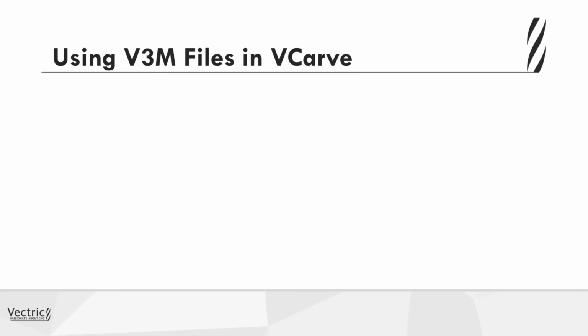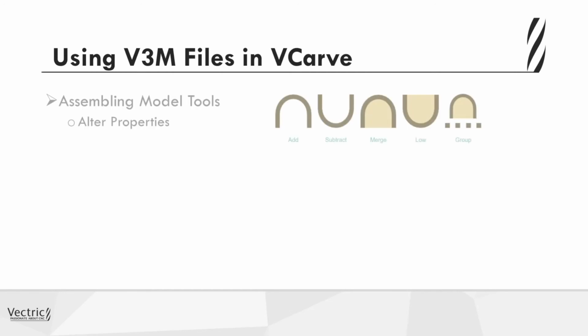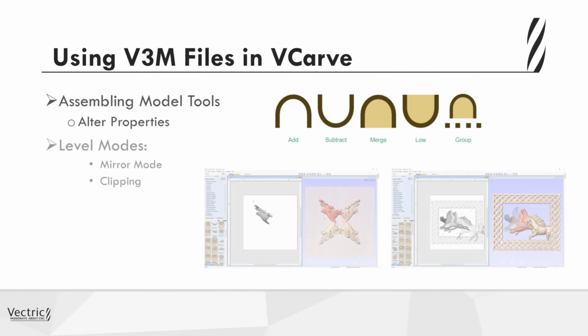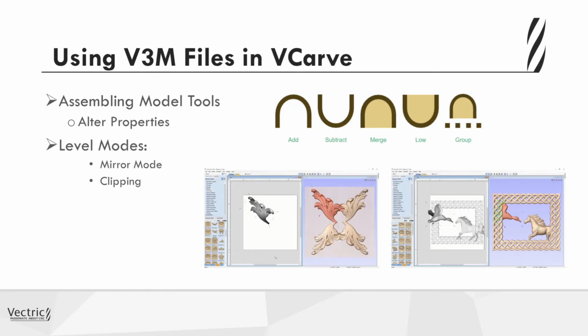To control the clip art we have with VCarve, we can look at the properties to manipulate the composite model. For example, we could alter the combine modes, we could add tilts and fades to get the correct heights, and then, as we saw in the previous demonstration, we can make use of the mirror and clipping modes on the levels to really transform the composite model.